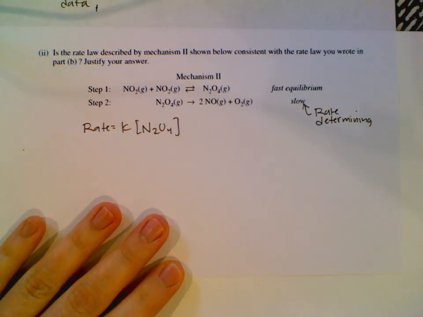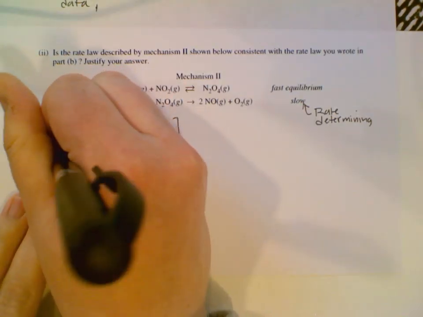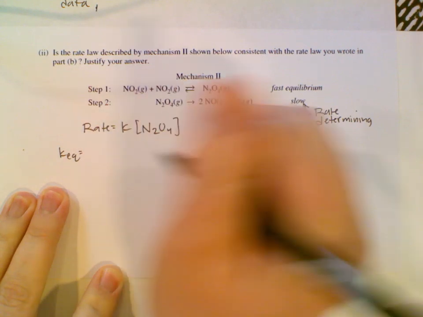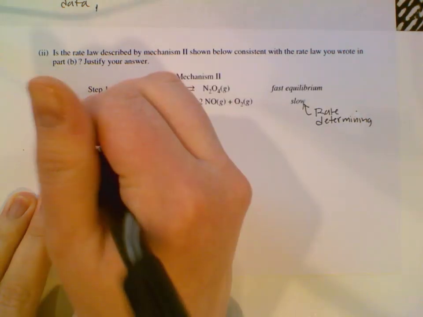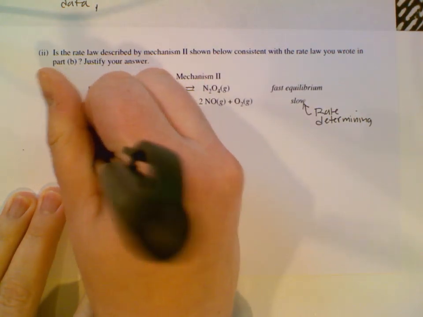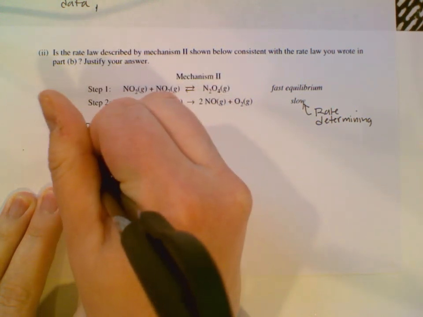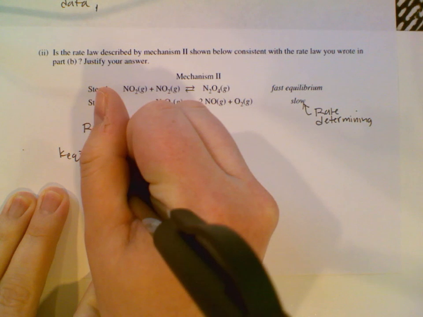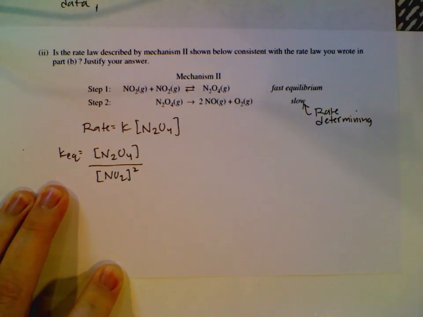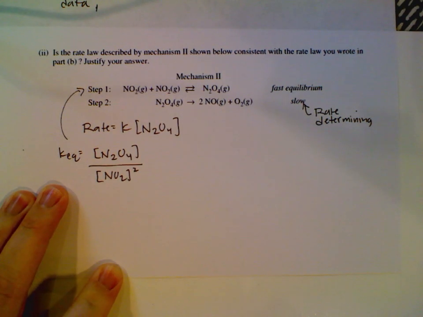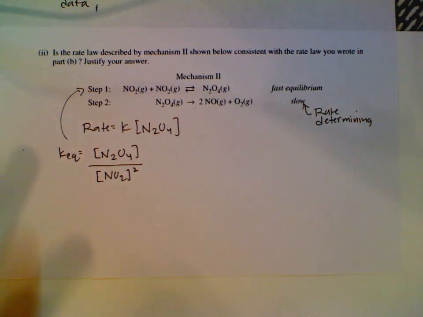And if you remember equilibrium, the Keq for the first step is always products over reactants. So it is going to be the concentration of N2O4 over the concentration of NO2 squared. Hopefully that makes sense to you. I'm just referring to step 1 here. This would be the Keq for that one because it's coming to equilibrium quickly.